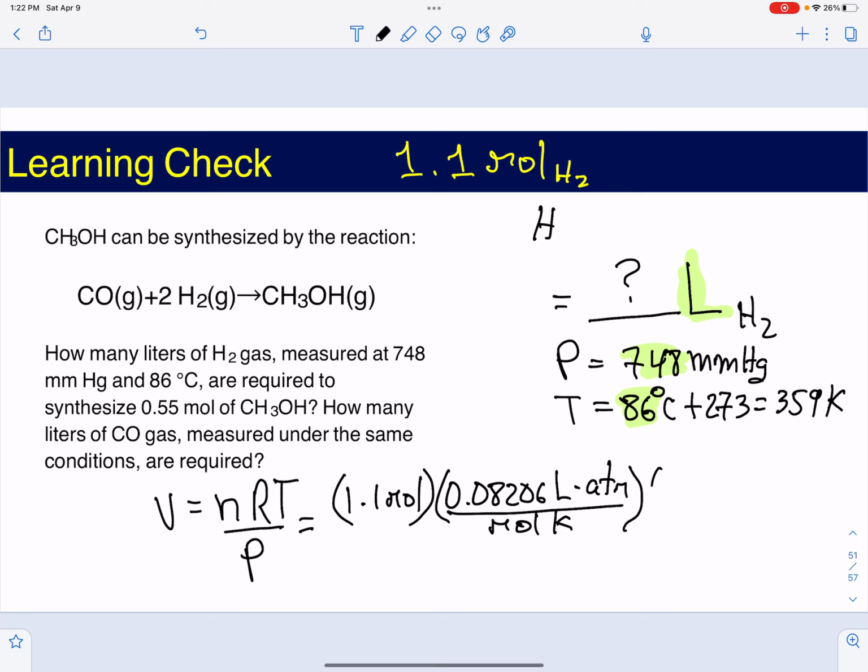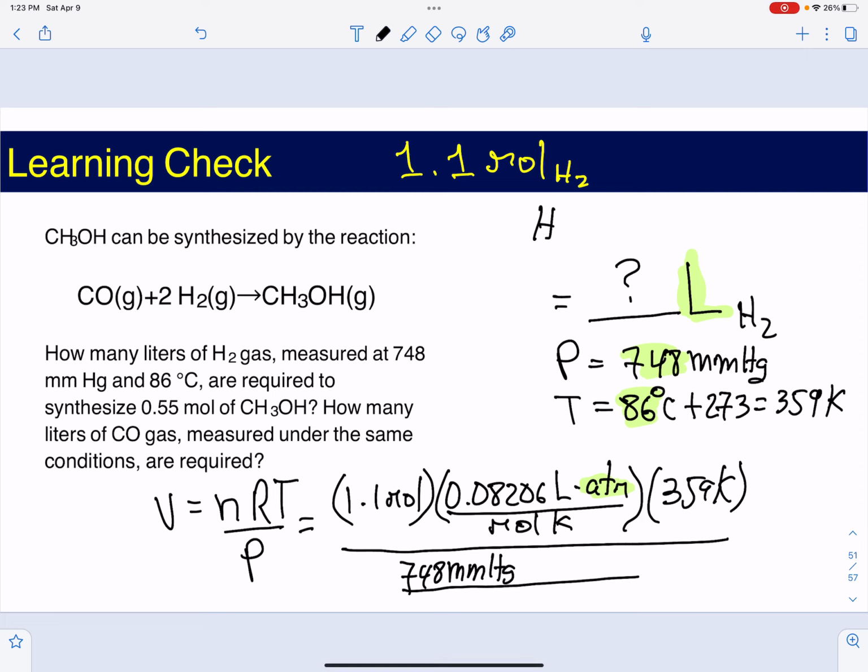And we know that our temperature is 359 K. And our pressure has to be in atmospheres, but what we have is 748 millimeters of mercury. So right in the formula, you can convert this to atmospheres because 1 atmosphere equals 760 millimeters of mercury.